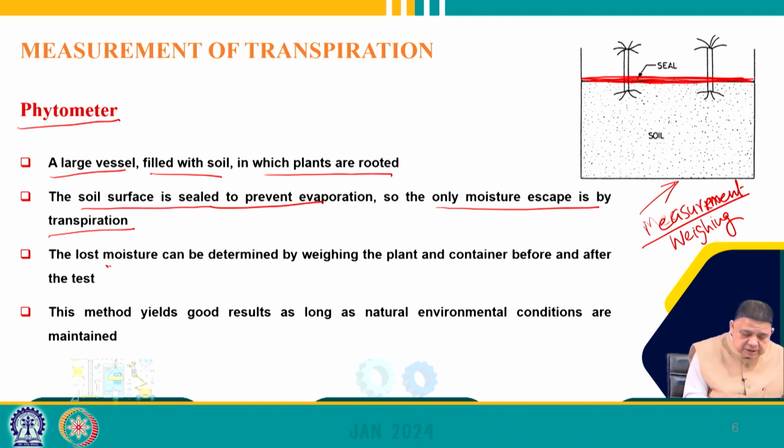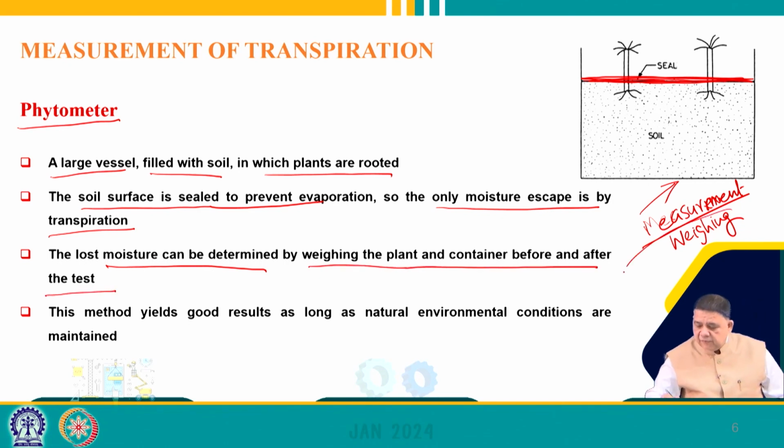The lost moisture can be determined by weighing the plant and container before and after the test. If it is a weighing type, then when we put the water we know the weight, and after running the experiment for a certain period of time, say 24 hours or so, we will know how much weight loss has taken place.